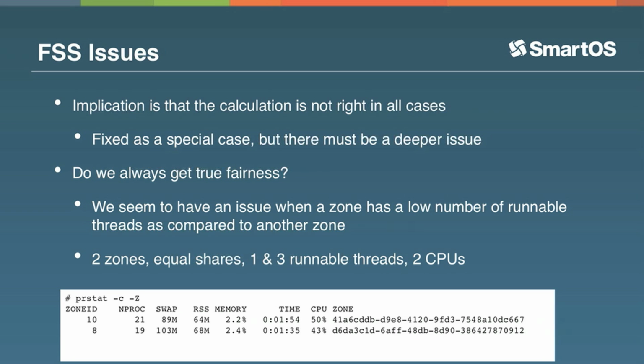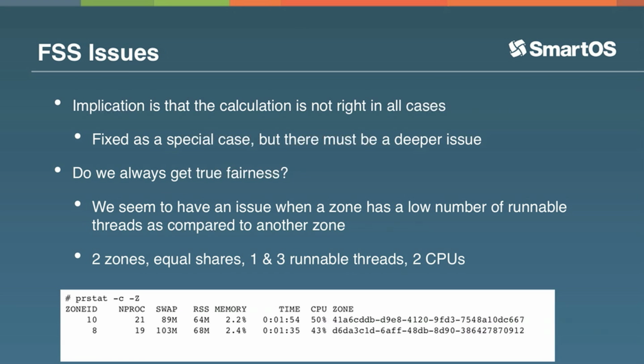That's been fixed, and we actually get a little bit better percentage now than what we were getting before. But we're still seeing this a little bit low, and part of it is just that the more work each zone has that can be scheduled, the better it's going to do. But we want to try to get this as close to 50% as we can.